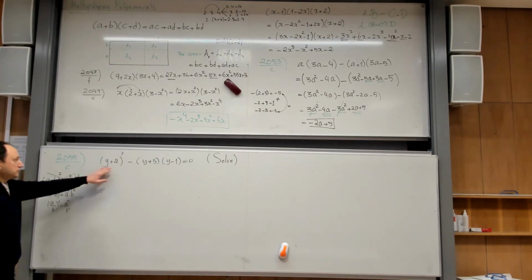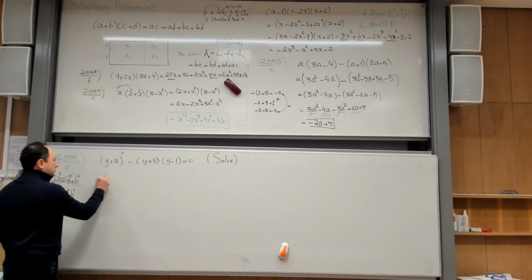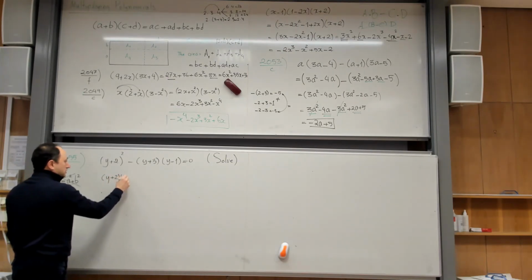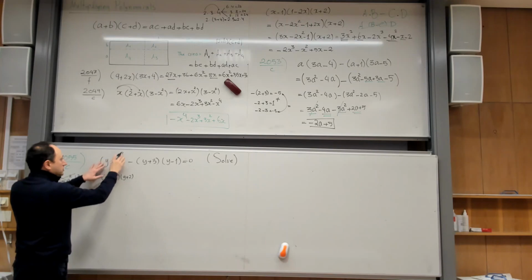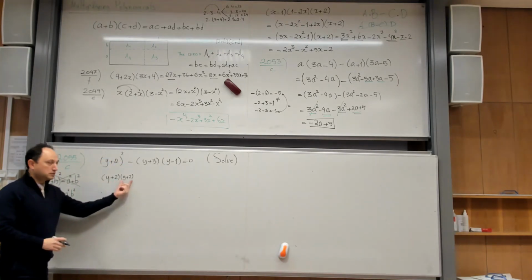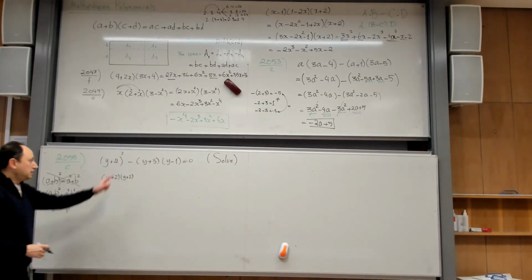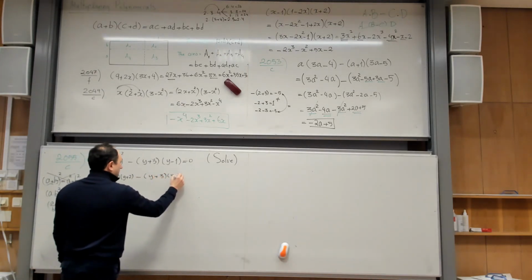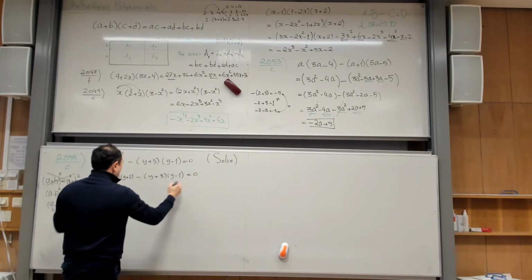So if I want to expand this, what should I do? There is only one way at this moment for us: to write it 2 times and multiply it. Because a number squared means that number multiplied by itself. And then I write this one. But I have to put equal 0 and go vertically.